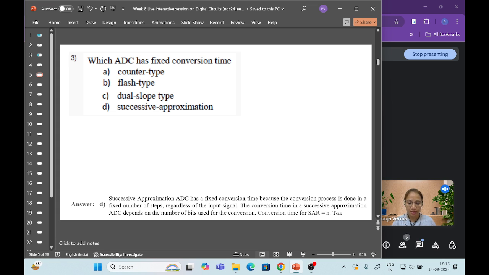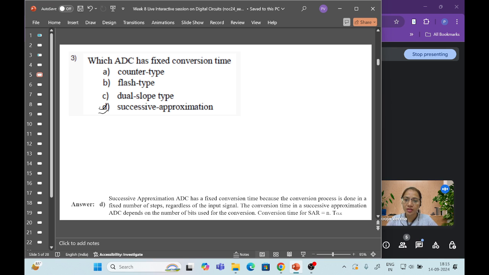Please answer in the chat box. The answer is already given here: option D is the correct answer.